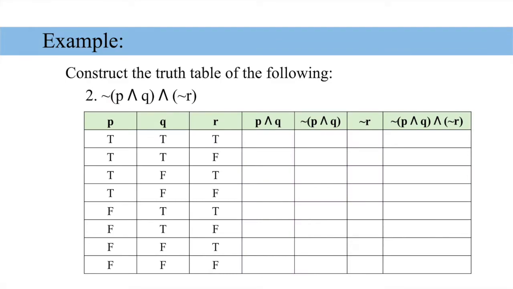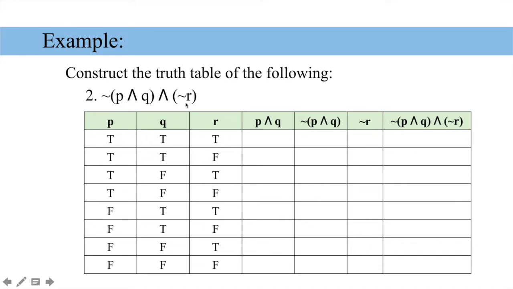To construct the truth table of the following: the negation of the expression P and Q, then AND it with another expression, which is the negation of R. Construct the truth table for P, Q, and R, since there are three statements.